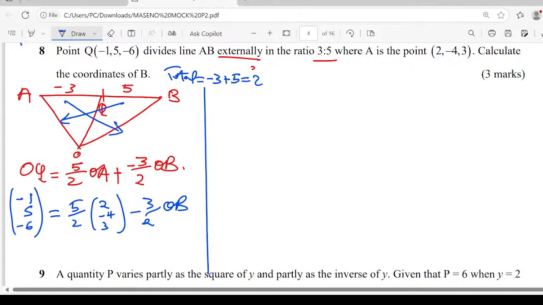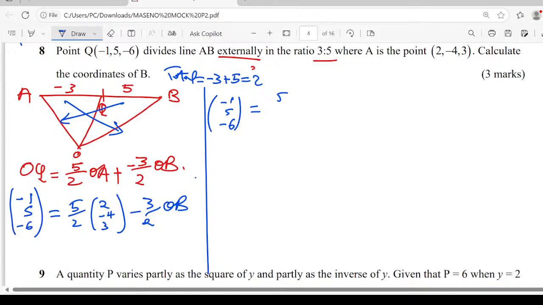In opening our brackets, I'm now going to have -1, 5, -6 being equivalent to 5 over 2 times 2, which will be 5, 5 over 2 times -4. We make sure that we are very, very particular when answering this question. And that's what exactly I'm doing.